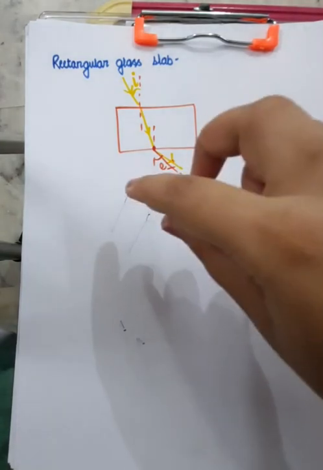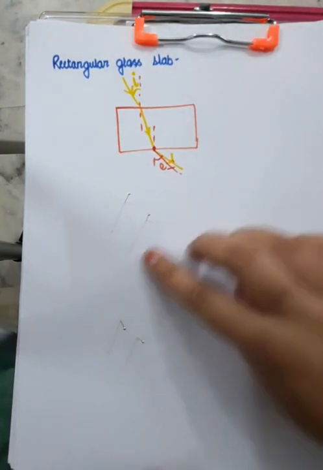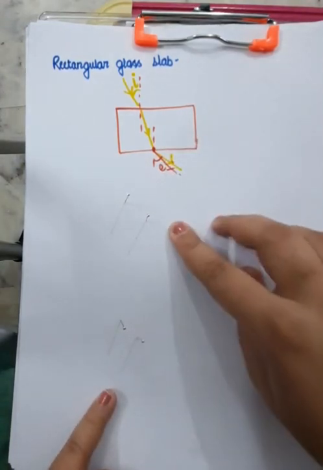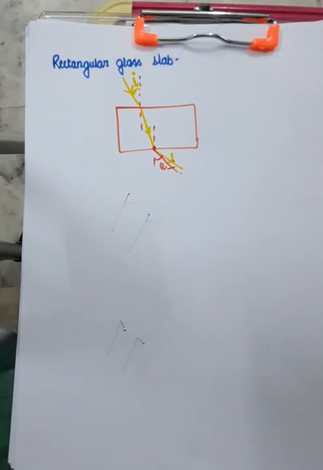So the rectangular glass slab has shown you the optical illusion, and according to that optical illusion, this is the emergent ray. So can you see that for sure the light rays have been deviated a lot, but still they lie parallel to each other.